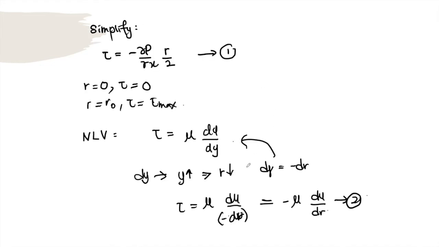We will get negative mu del u over del r. I'm so sorry, this is not du, it is del. Negative mu del u over del r equal to negative del p over del x times r over 2.